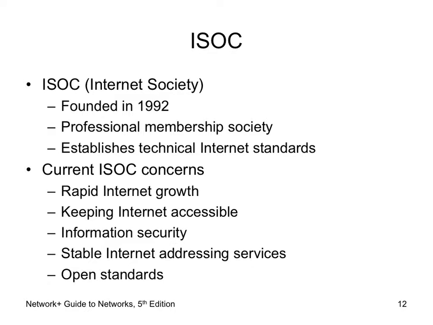ISOC, the Internet Society, was founded in '92, a professional society to establish Internet standards. Current ISOC concerns: Internet growth, Internet accessibility, information security, stable Internet addressing, open standards. These are the folks that are behind the new version, IP version 6. We're now using version 4 in here, and most computers still are. But version 6 is out, and all your modern NIC cards support it.